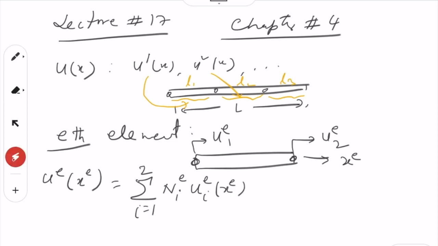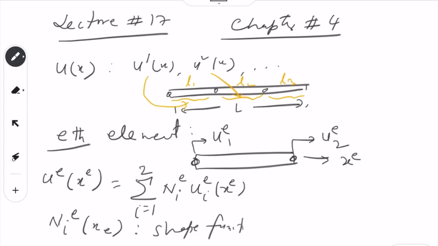This means u^e will be equal to N1 multiplied by u1 plus N2 multiplied by u2, where N_i^e as a function of xe are called the shape functions. There are two of them.